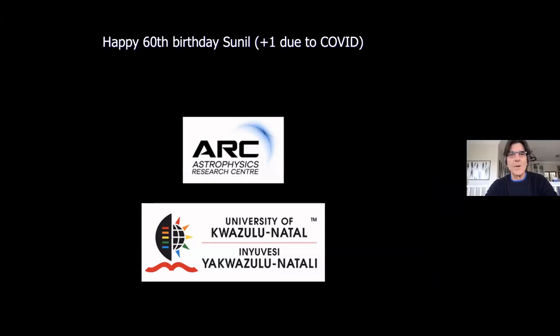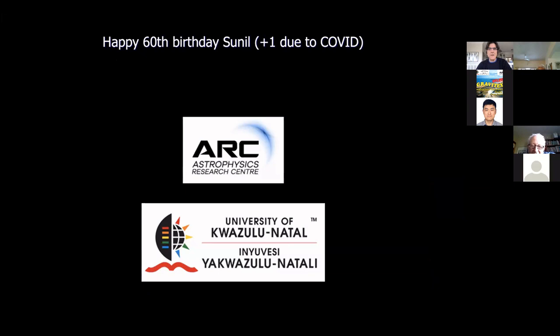And although we've lost that opportunity, he is now over 60, it's still a good moment just to wish Sunil happy birthday. Sunil is the founder of gravitational research at the University of KwaZulu-Natal and the longtime director of the research center there. And so congratulations, Sunil, on your amazing contributions to building this group, which today is an internationally recognized research group in gravitation and cosmology.